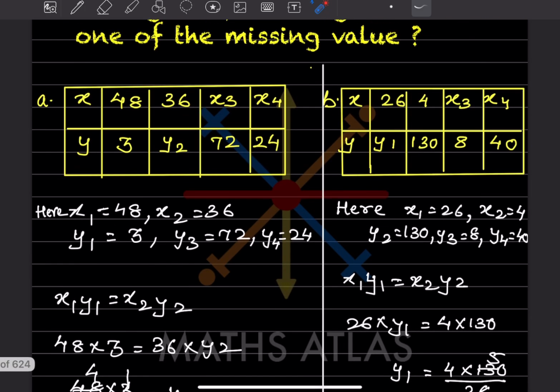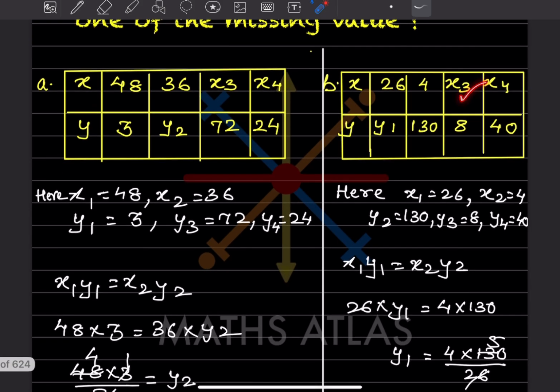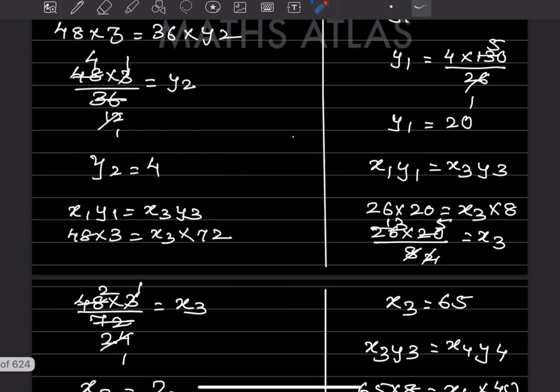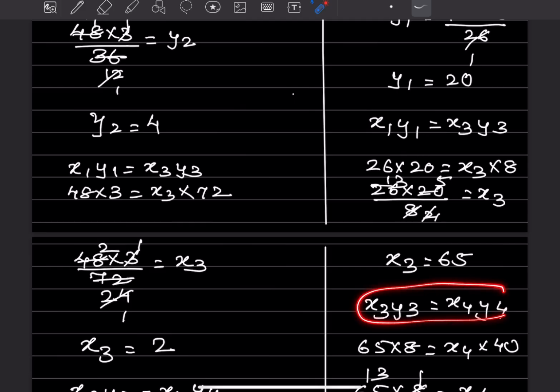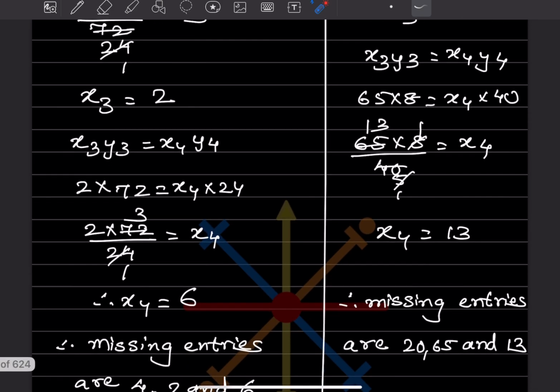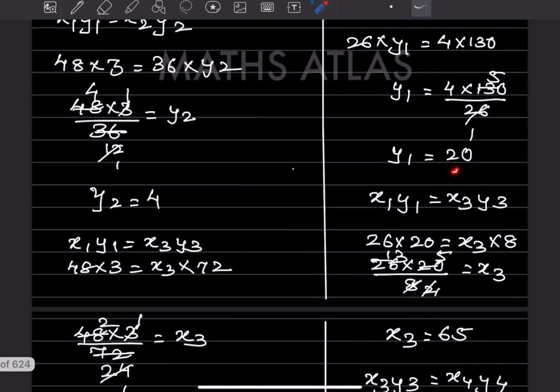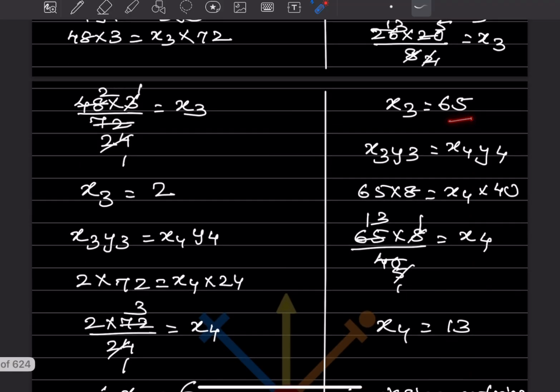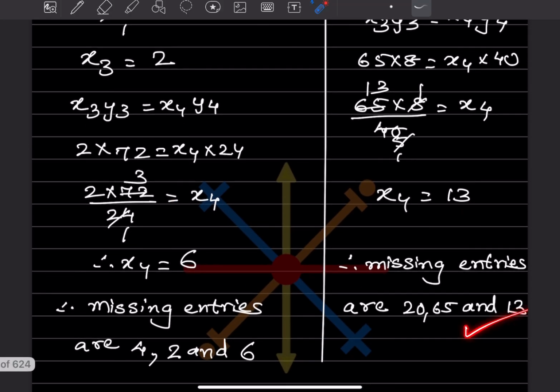Now we want x4, so we take x3 y3 is equal to x4 y4. Putting the values, we get x4 as 13 after simplifying. So the missing entries are 20, 65 and 13. That is what I've written here.